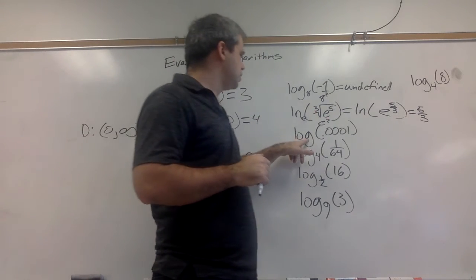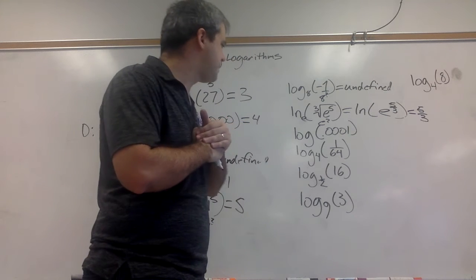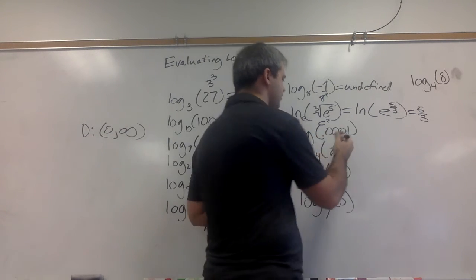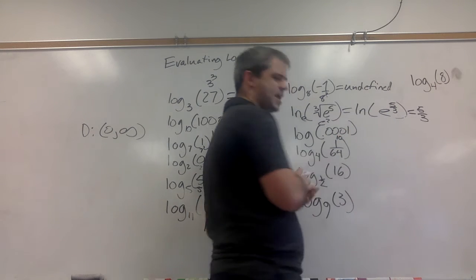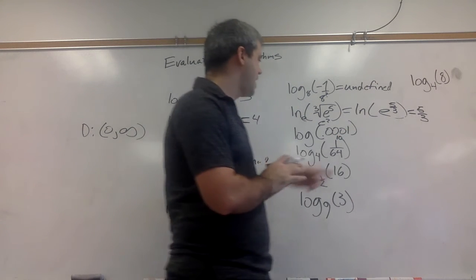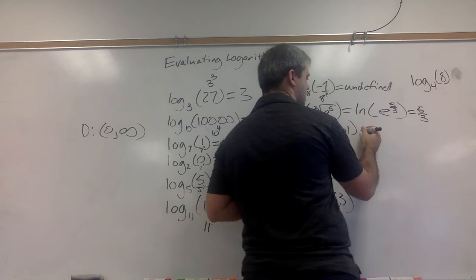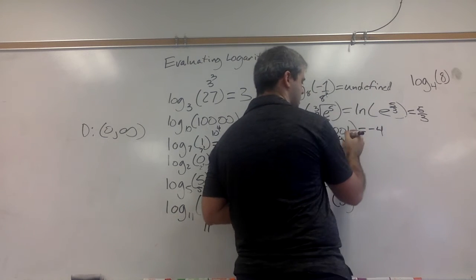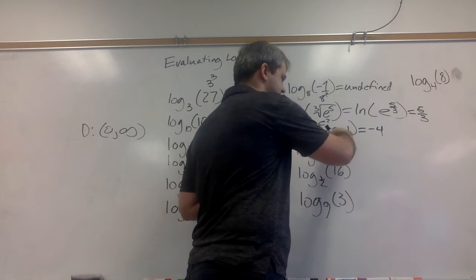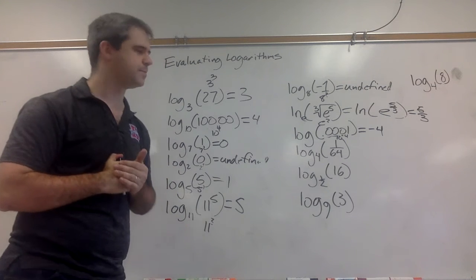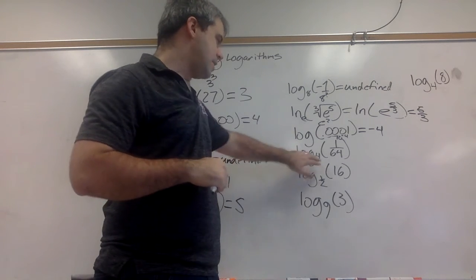All right, log base 10 of this. Well, can I convert this to something with base 10? I can. That's going to be 10 to the negative 4 power. That does that thing where it moves the decimal place back 4 times. All right, what about this guy?